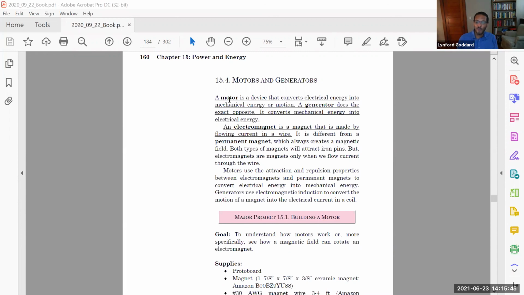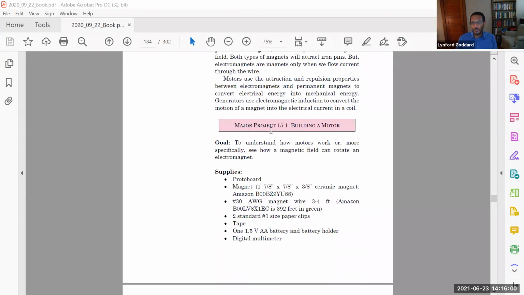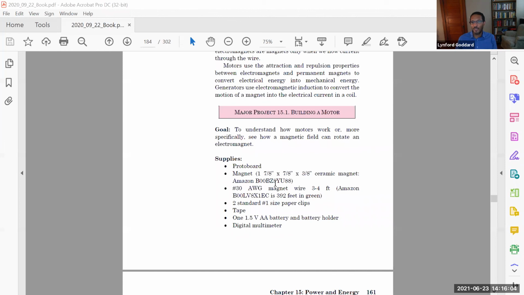So we're going to use the permanent magnet to create a strong magnetic field. We're going to create an electromagnet, and the electromagnet is going to be special in the sense that as it spins, it's going to turn on and off so that it continues to spin. So we're going to build this motor to understand how a magnetic field can rotate this electromagnet.